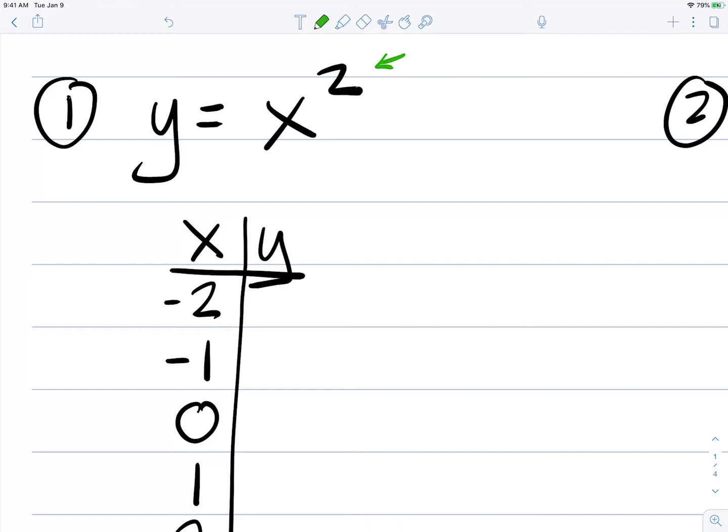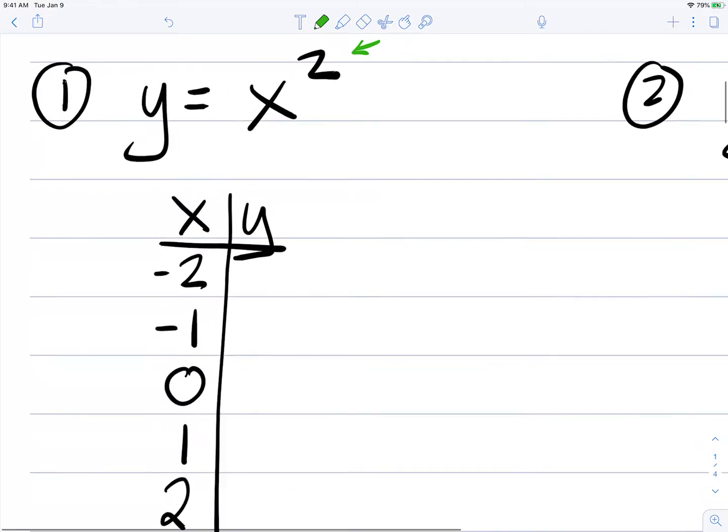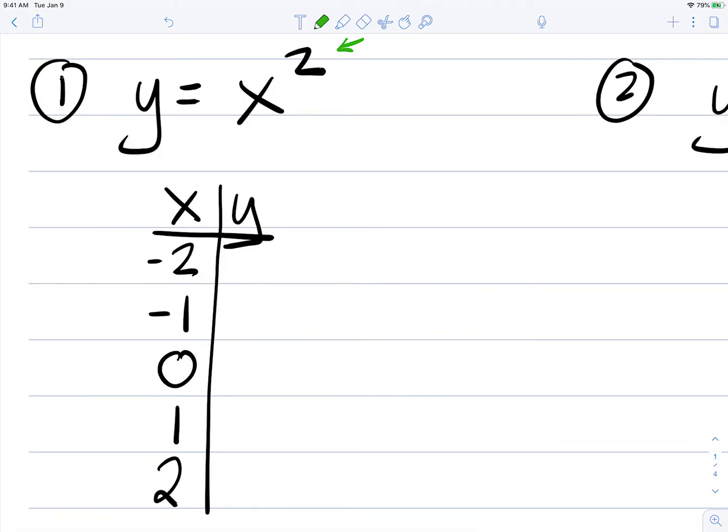So there's that exponent of a 2 that I mentioned. So on this equation, all it's telling us to do is take the x value and square it, remembering that squaring means multiplying it by itself. So if we first started off with -2, what we're going to do is -2 squared, which is the same as -2 times -2.